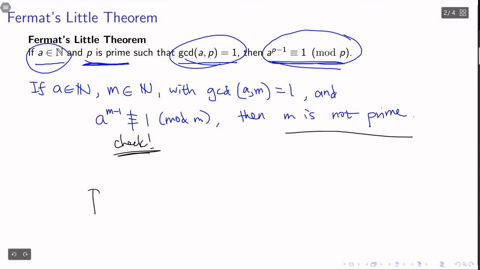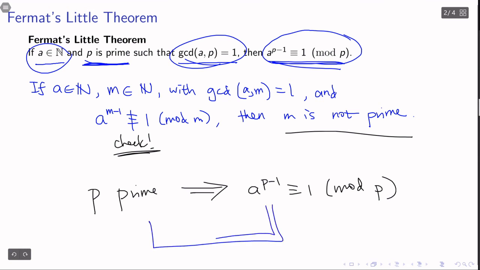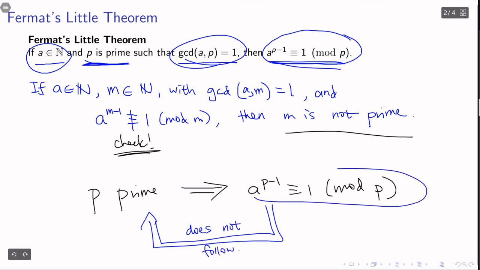We said that the implication went this way: if p is prime, then the congruence holds. Which means that going the other direction does not necessarily follow. So if this congruence is true, it's just inconclusive.